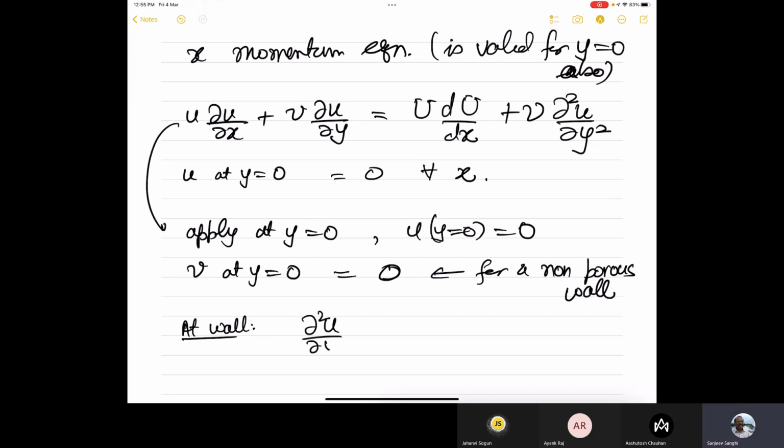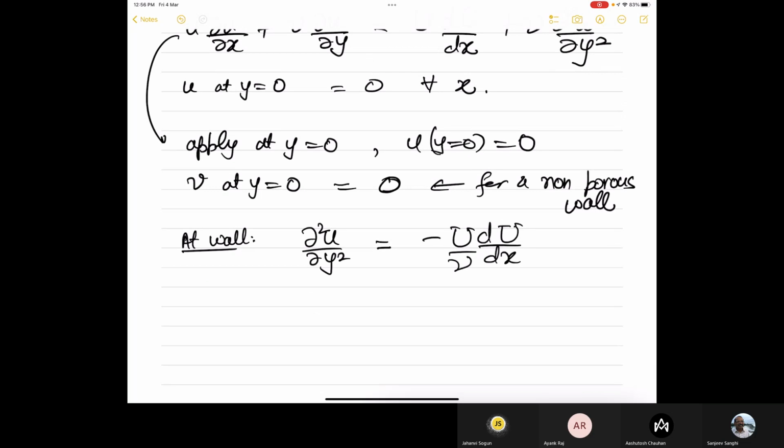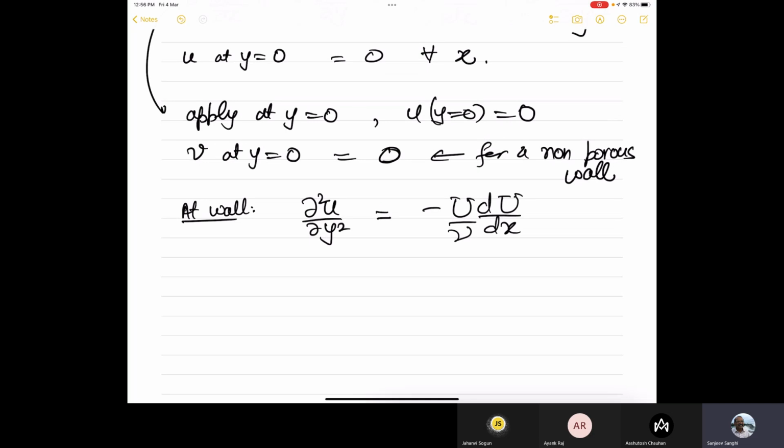Now, what we get from here is at the wall, d2u by dy square is equal to minus u du by dx into 1 over nu. And this is d2u by dy square at y is equal to 0.